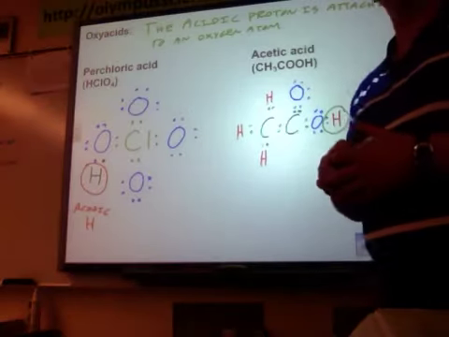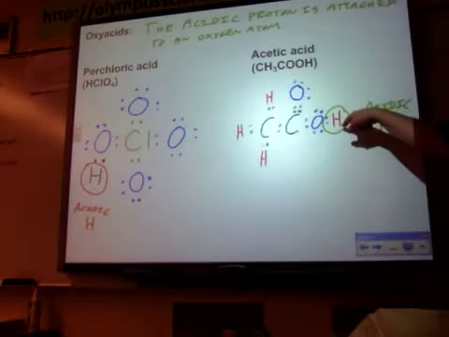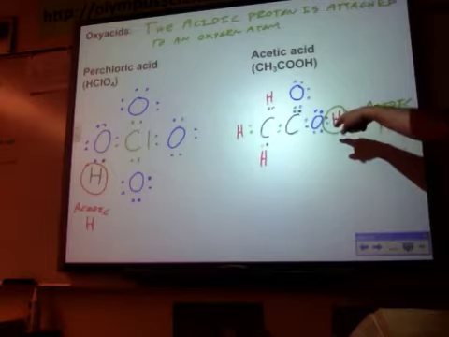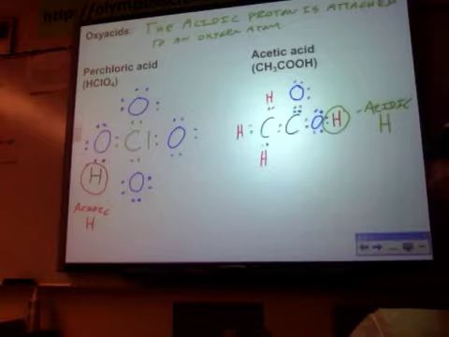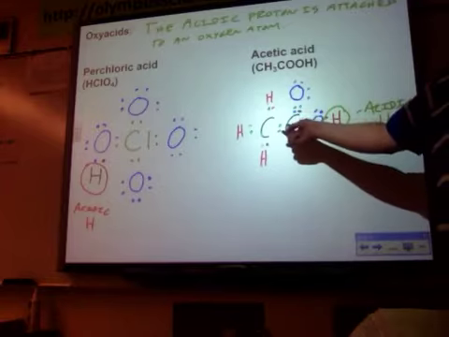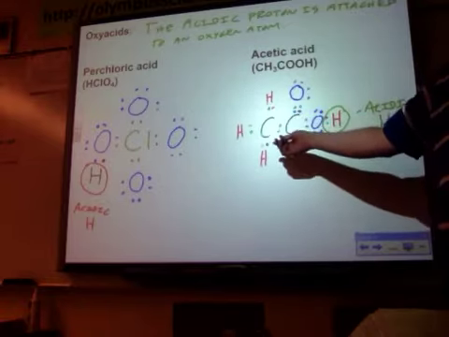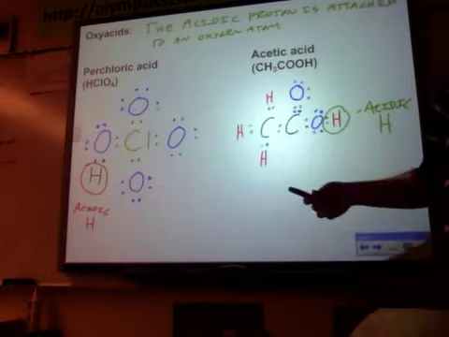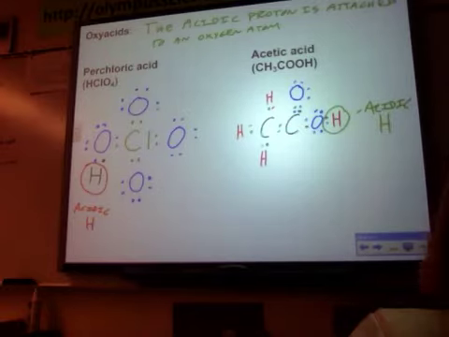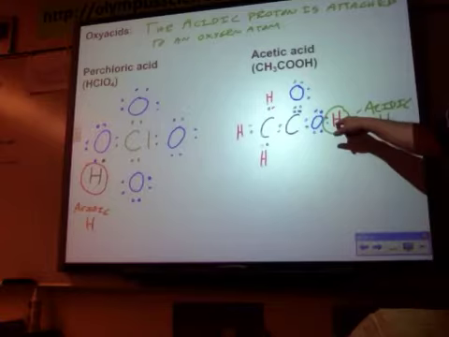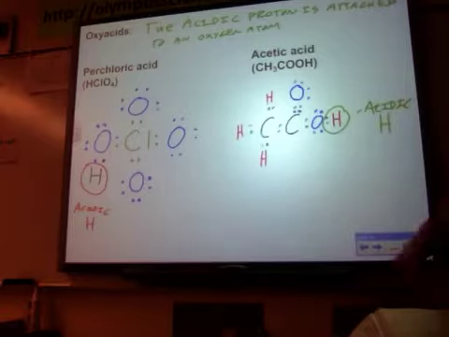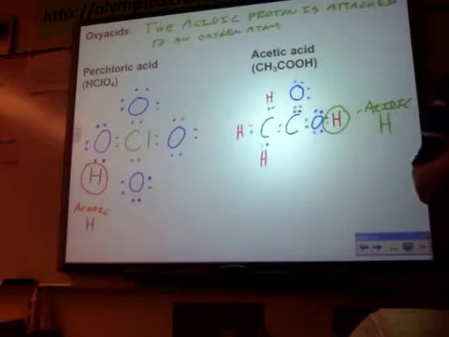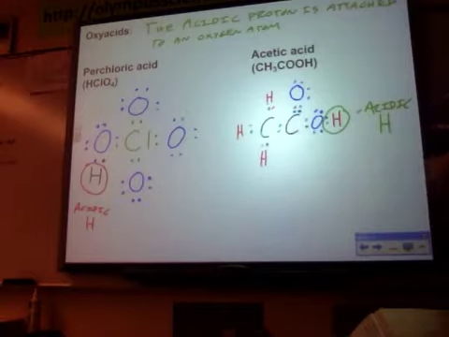Now, part of what that means is, thank you, Natasha, once this hydrogen comes off, you're not going to get any of these others off. Even though this has got 4 hydrogens on it, this is still a monoprotic acid. The only one that can come off in the presence of a base is that one. Now, why that happens to be the case involves some discussion of electronegativity that we're not going to get into just yet.